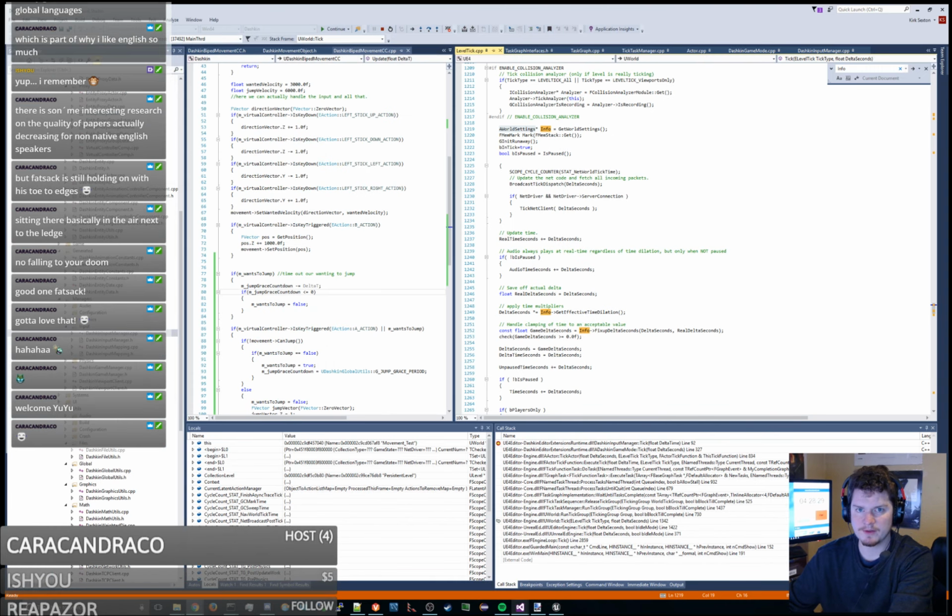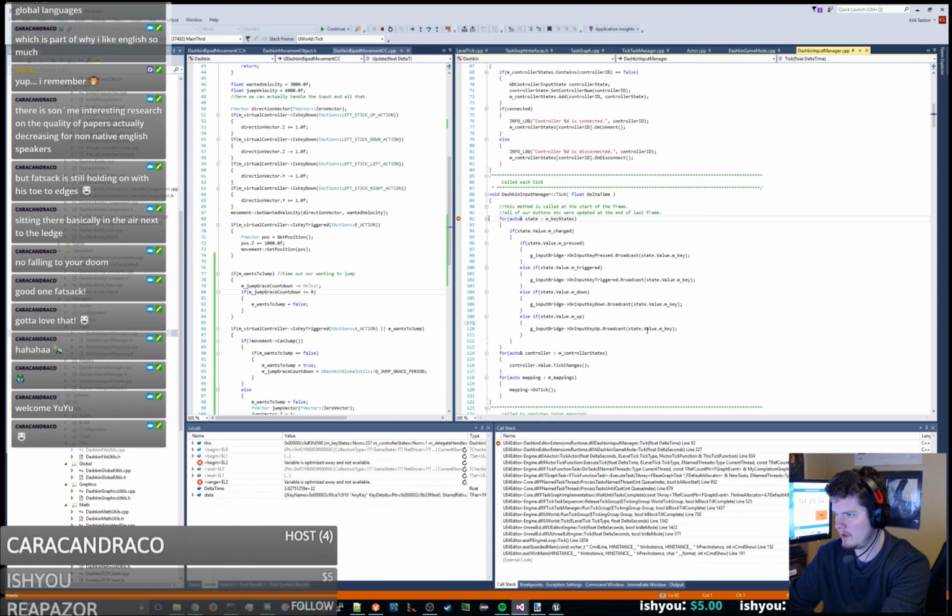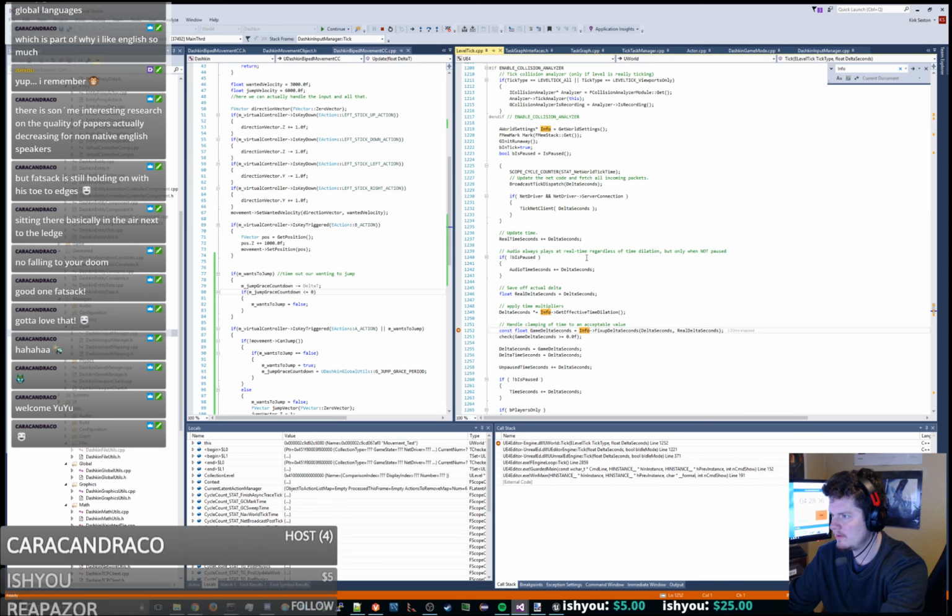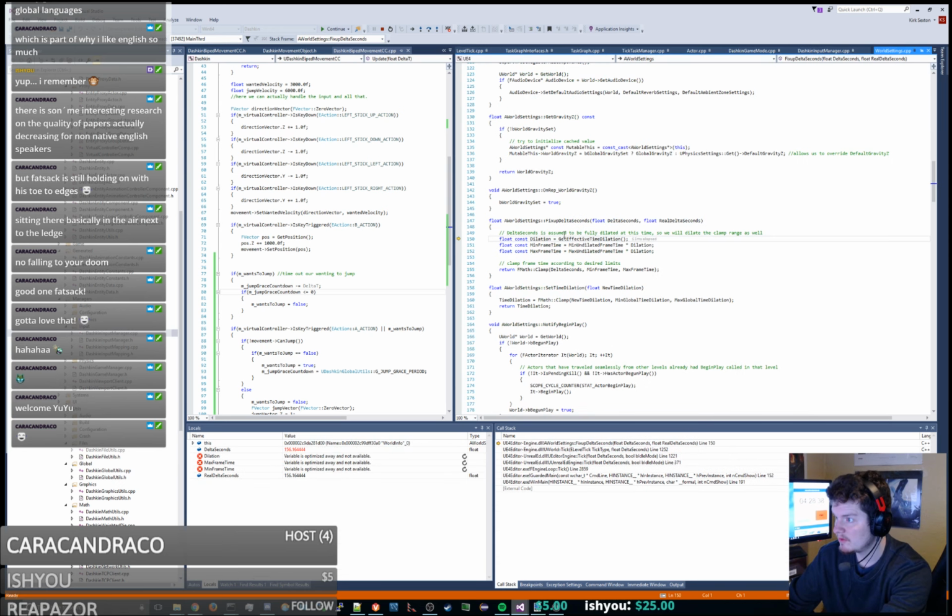Not seeing too much. So let's actually see if we can walk into this. Fix up delta seconds. There is a min undilated frame time and a max undilated frame time. And we got this clamp.